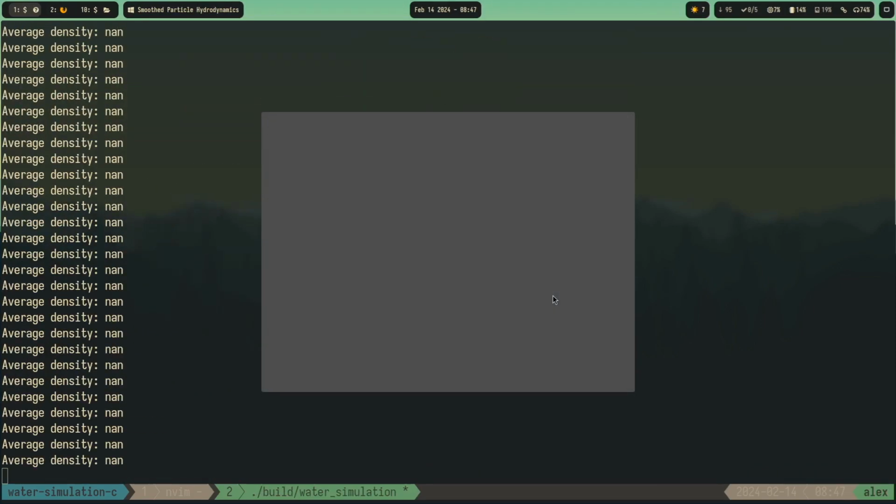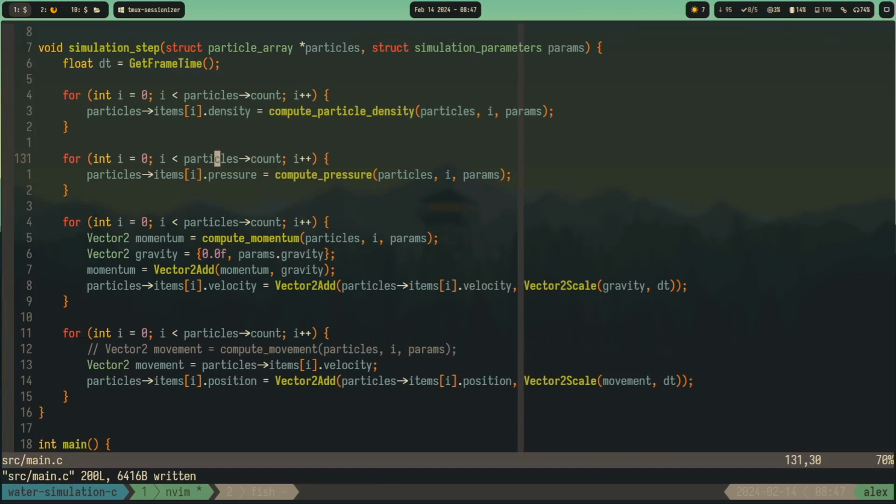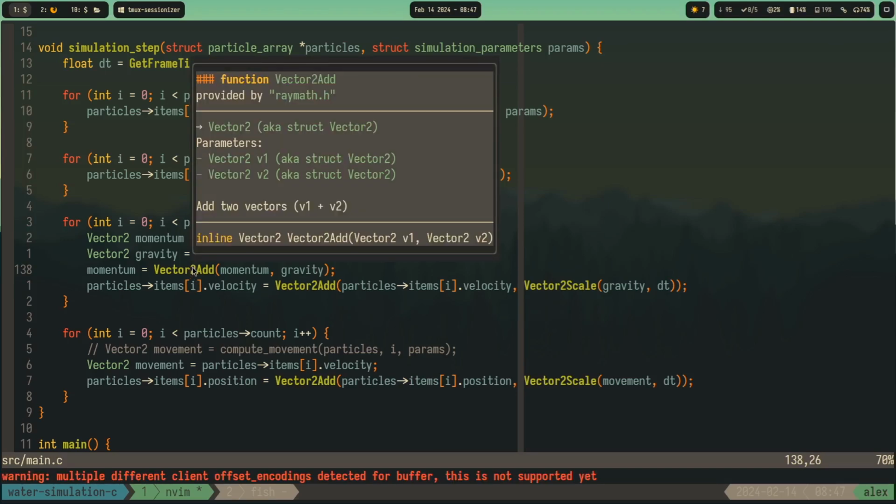Strange. Wait, isn't velocity like velocity plus acceleration times delta time? What?